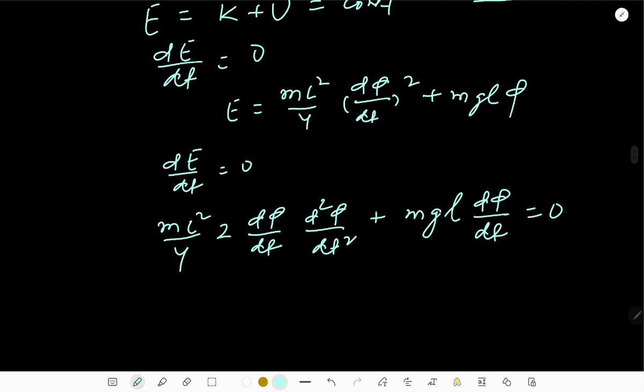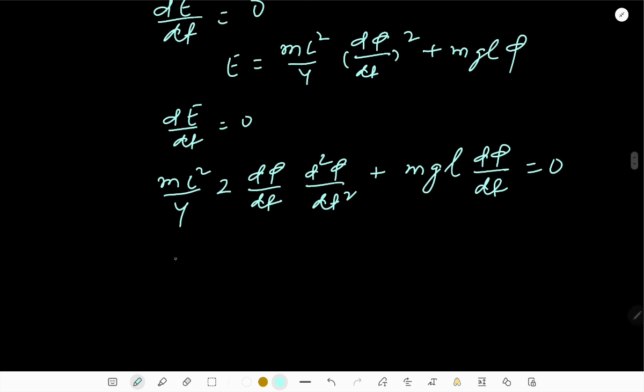Now, I can see d phi by dt can be taken as common from the left side, and since it is not equal to 0, we can divide by it, so that the whole thing becomes ml square by 2 d2 phi upon dt square equal to minus mgl.